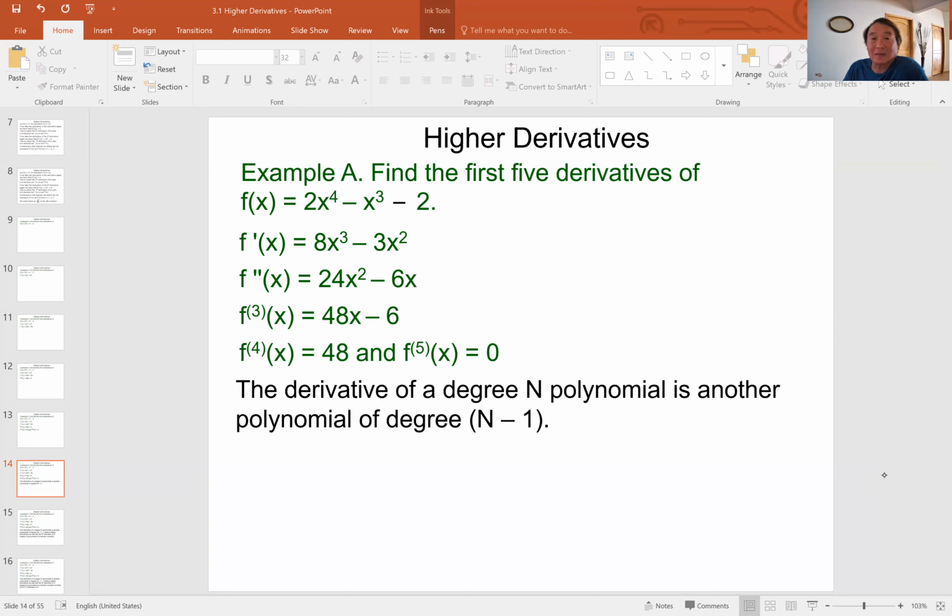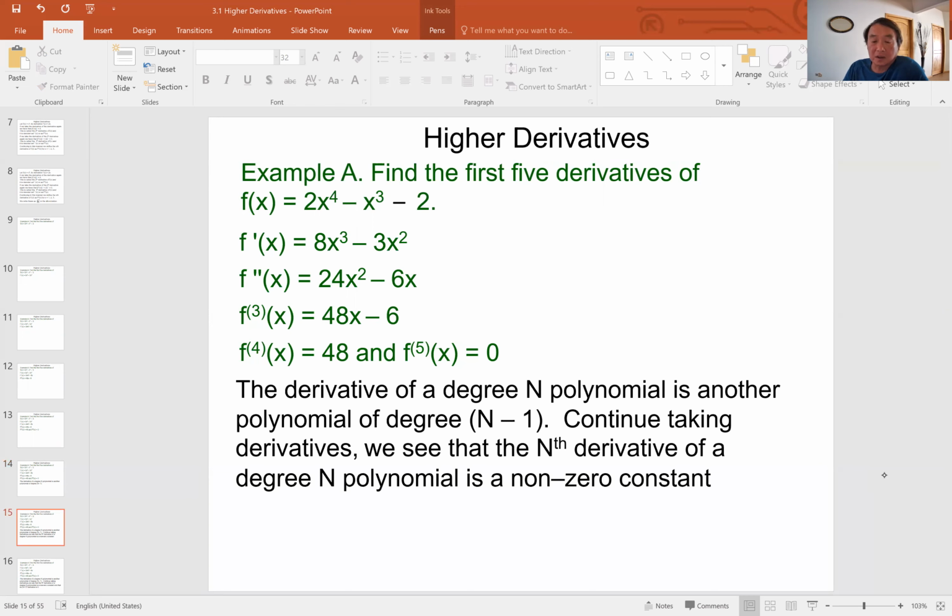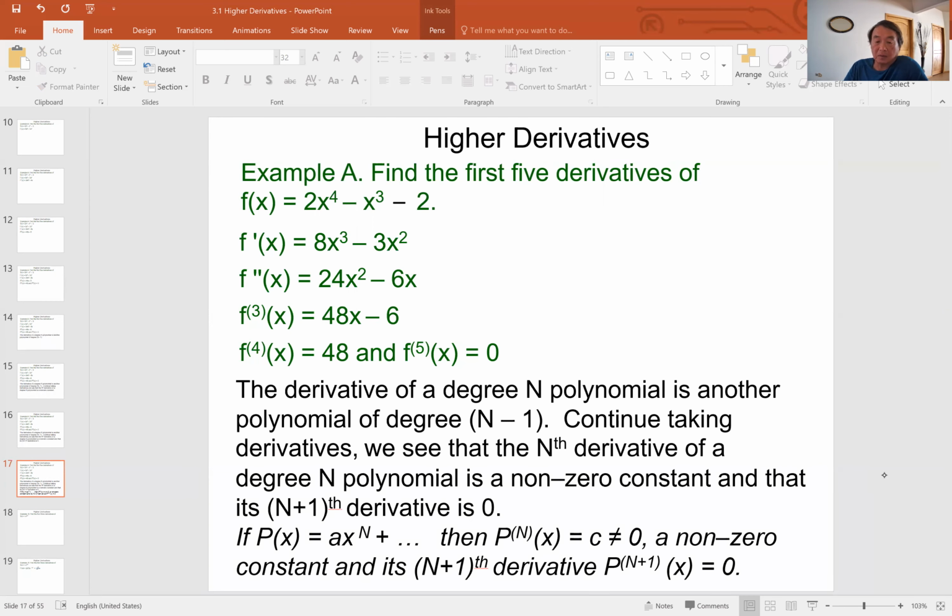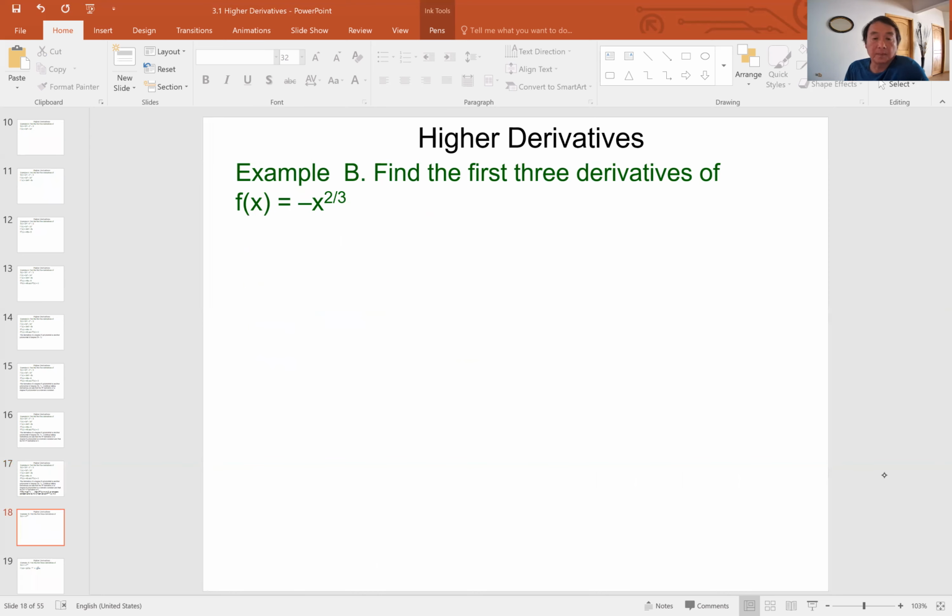If you do it n plus 1 times, for sure you get 0. So the first big important observation about derivatives of polynomials is that if I keep taking them, eventually they're 0. More precisely, you take it 1 more time than the power of the polynomial, and then it will be 0.